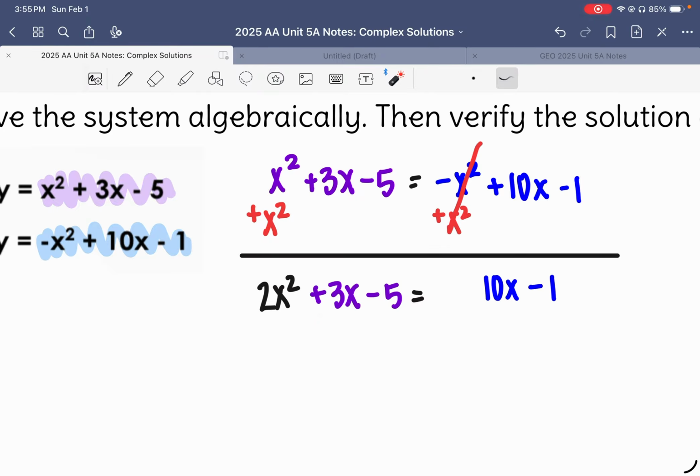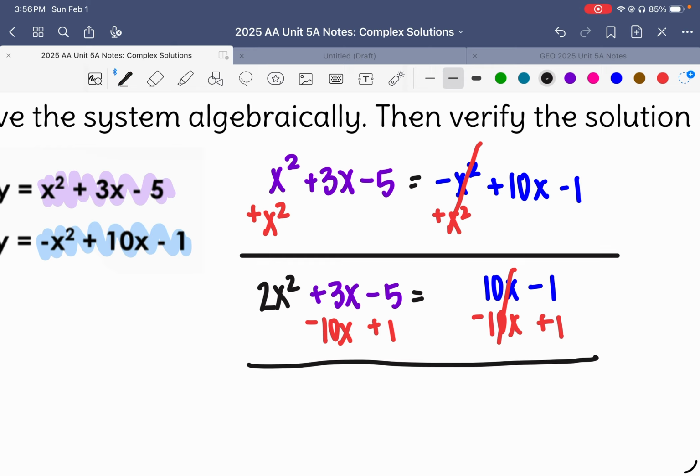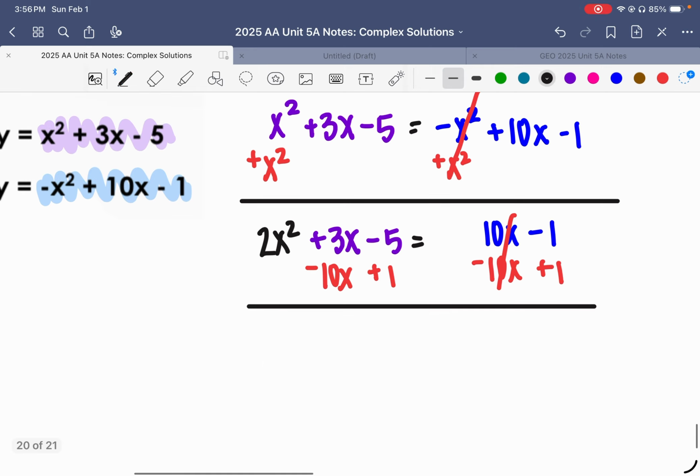So I can either quadratic formula this bad boy or factor it. So I'm going to go ahead and cancel out my 10x and my negative 1. And that negative 1 cancels.